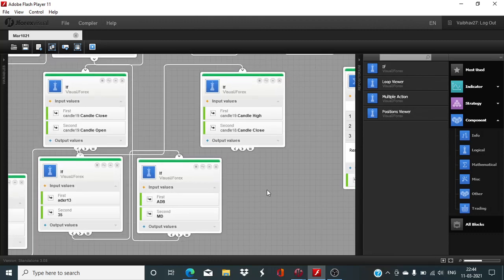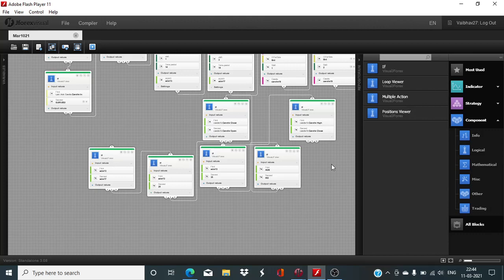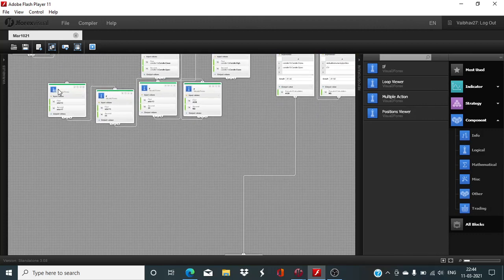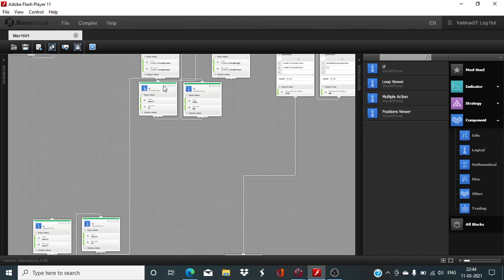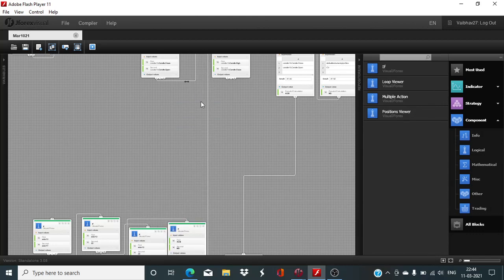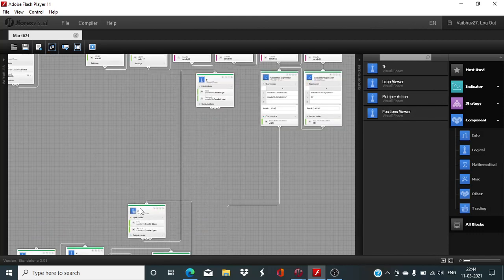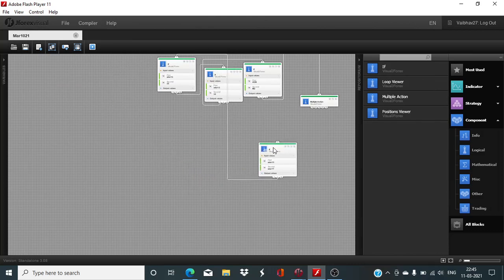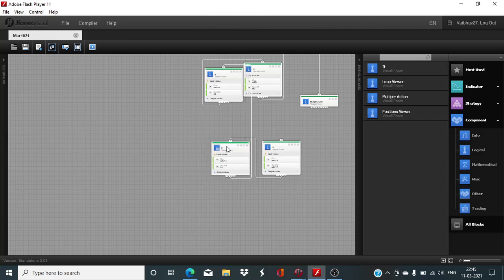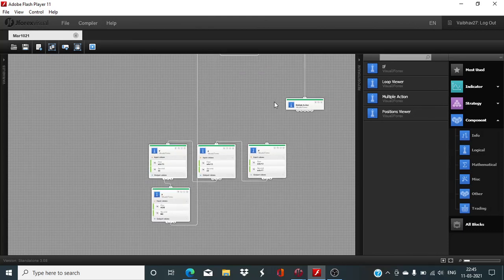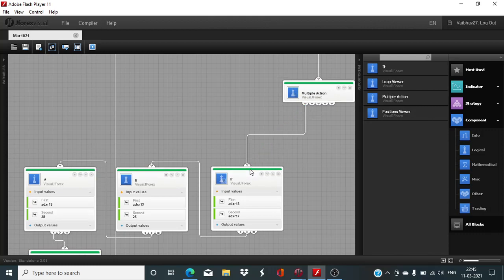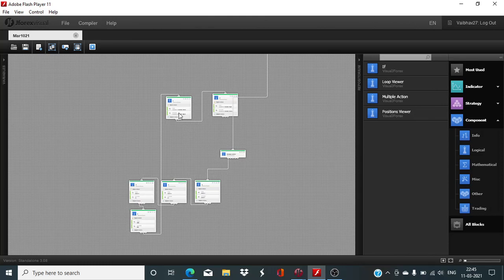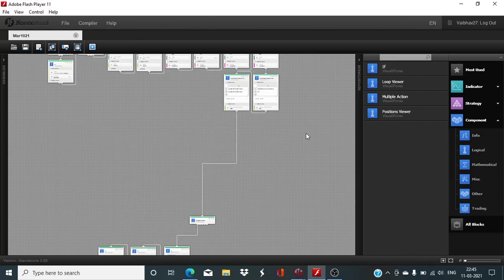For that I will have to take two more if blocks, but prior to that I will reassemble this below the multiple action blocks. I'll join it here.